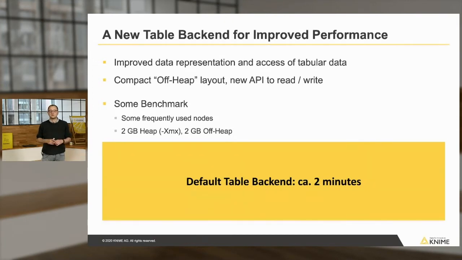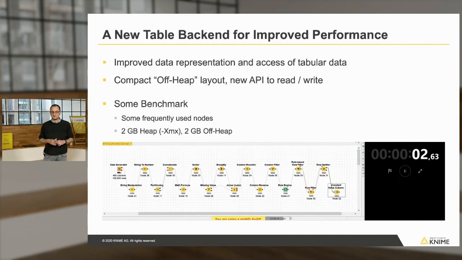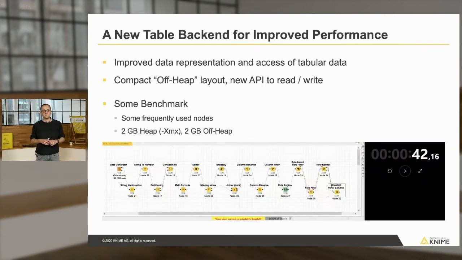Standard setting, it's going to take about 2 minutes. There's a new addition also in the December release that you set up on a KNIME workflow. If you run this, the new columnar table backend, it will run in about less than half of the time. So it's much faster execution.